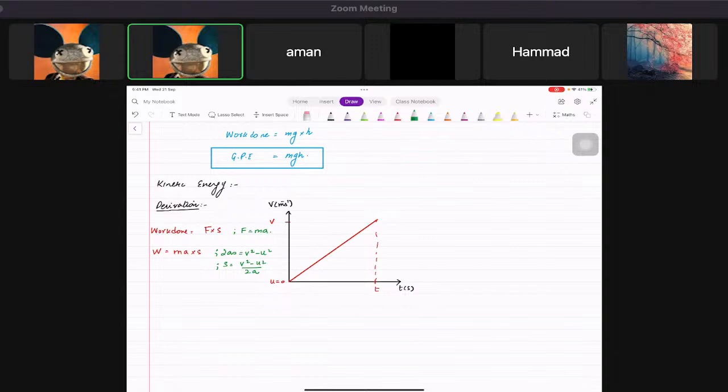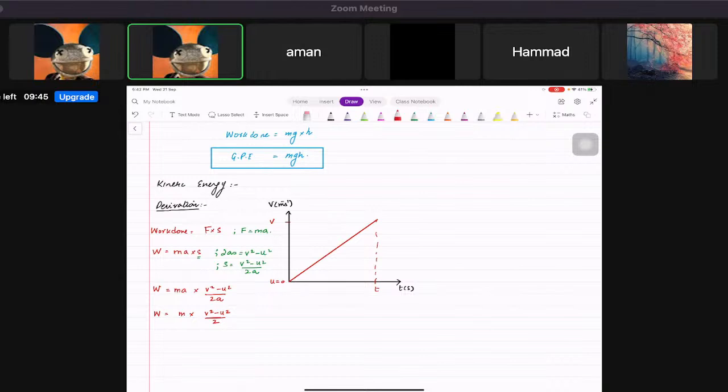And then you're going to replace this s right here. So if I replace, it is going to be ma times v square minus u square divided by 2a instead of writing s. Now from this you can see a and a will cancel out. So I'm left with m times v square minus u square over 2.